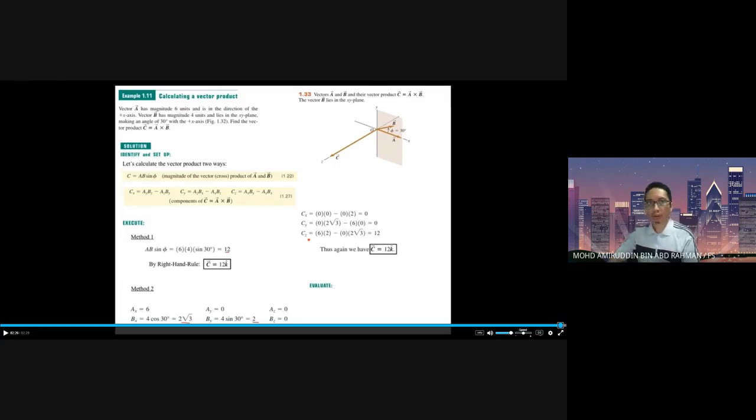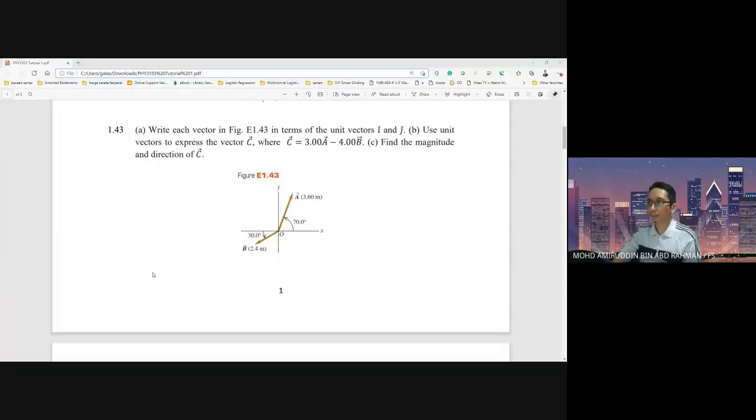All right, so we're going back to the question of the tutorial. It says here that we need to write each vector in figure 1.43 in terms of the unit vectors i and j.